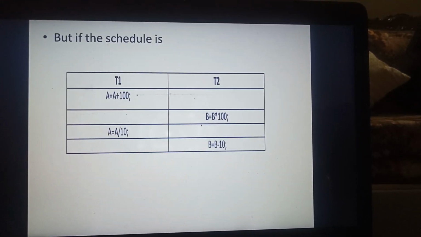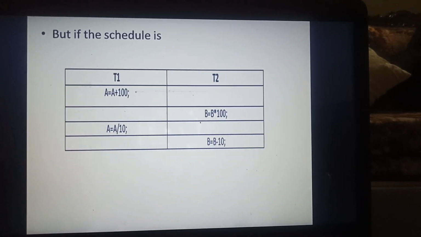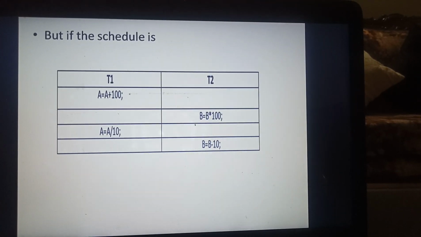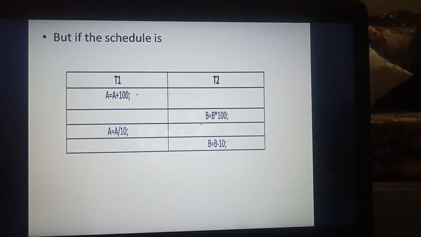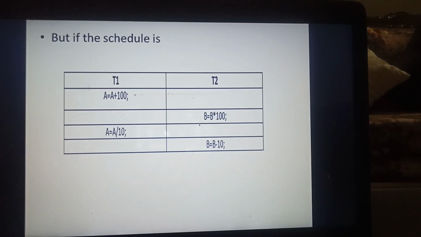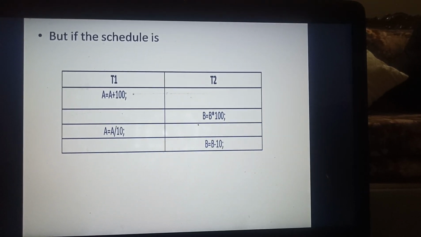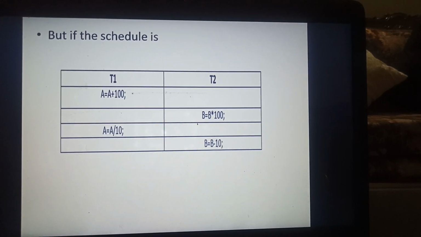Now let us take another example. If we have a schedule like this, now you can see that there are 2 transactions T1 and T2, so 2 vertices will be there in the precedence graph, but the operations of the 2 transactions are interleaved. As you can see, first T1 is executing, then in between T2 is executing, then again T1 and then T2.